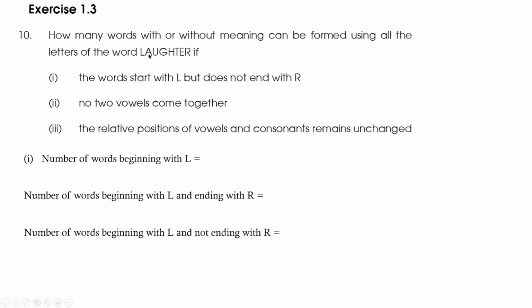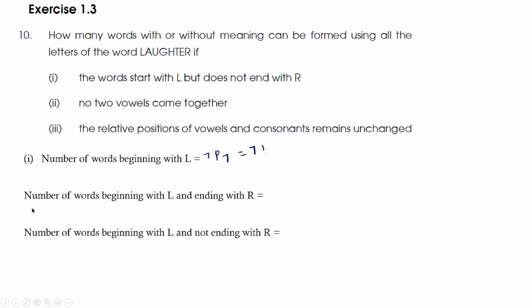The remaining letters 1, 2, 3, 4, 5, 6, 7 can be arranged in 7 factorial ways. So the number of words beginning with L will be 7P7, which is equal to 7 factorial.